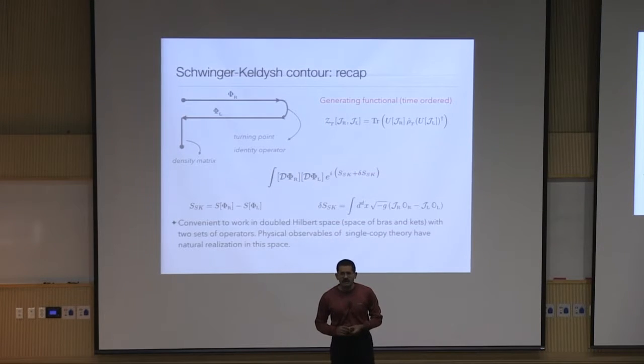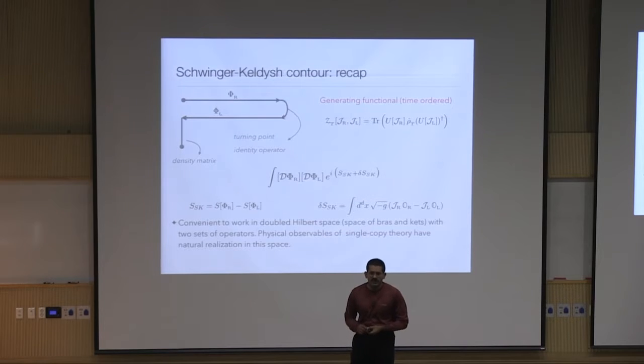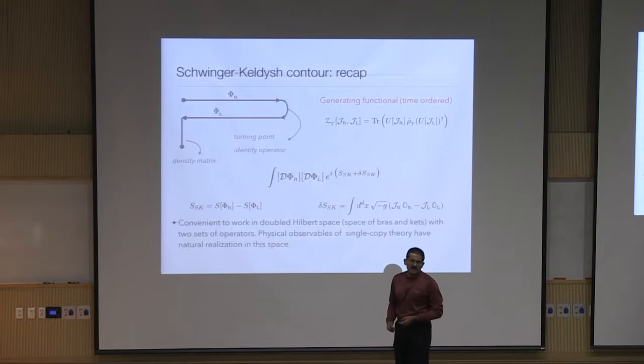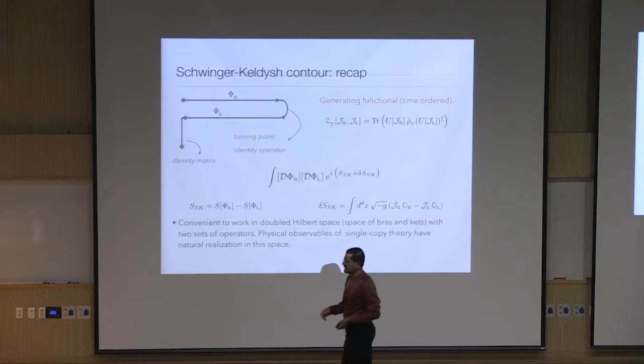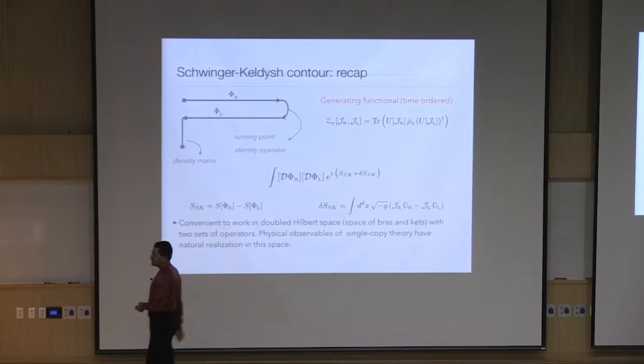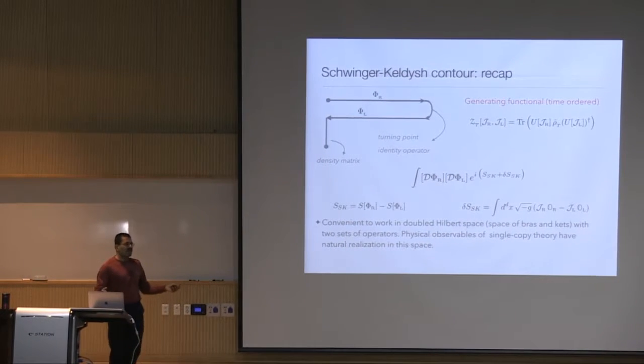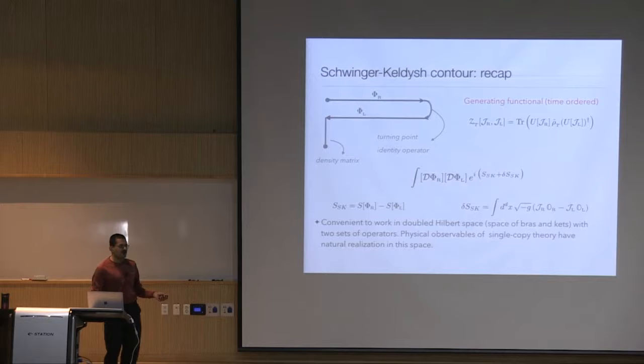It will not compute arbitrary Wightman functions in a quantum field theory. If you want to compute arbitrary Wightman functions, you have to do this forward-backward evolution multiple times. So I'll leave it as an exercise for you to think about why that must be true. The easiest way to do it is to just imagine writing down a Wightman function of Heisenberg operators and think of what Heisenberg operators actually mean in terms of evolution.